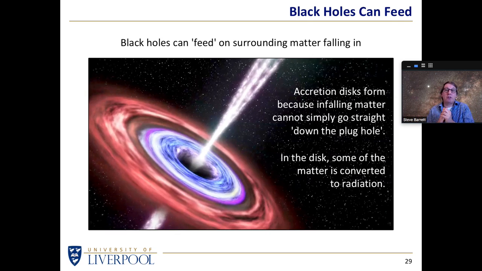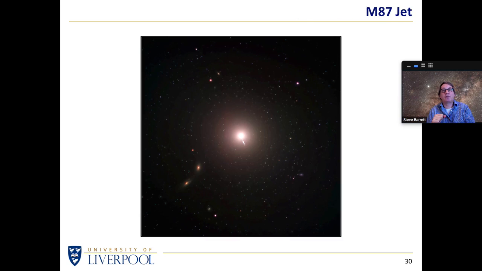You also notice that as well as the accretion disk, there appear to be these jets coming out perpendicular to the accretion disk. And these jets, well, you could argue that we don't really know what those jets are. We think those jets are very energetic particles, and we think they're coming out in these directions, probably because of magnetic fields that are guiding them in those directions. But that's still an ongoing area of research.